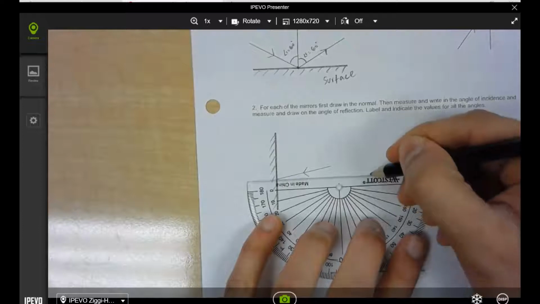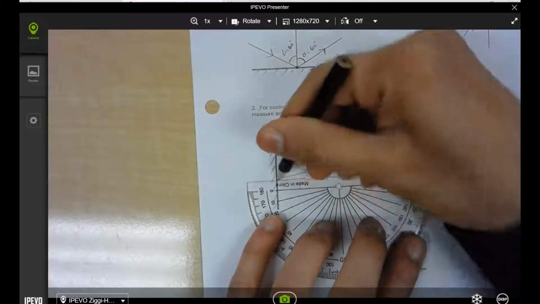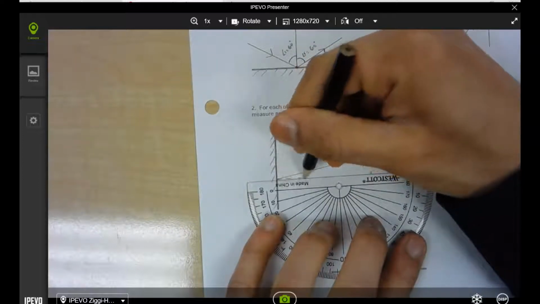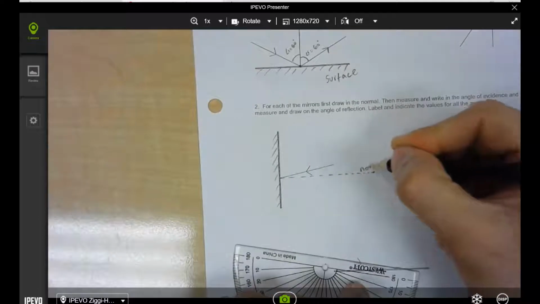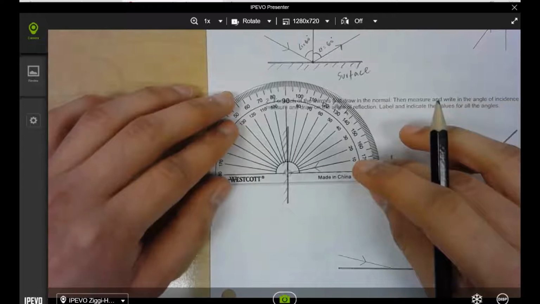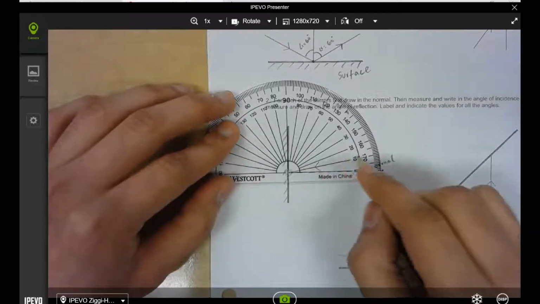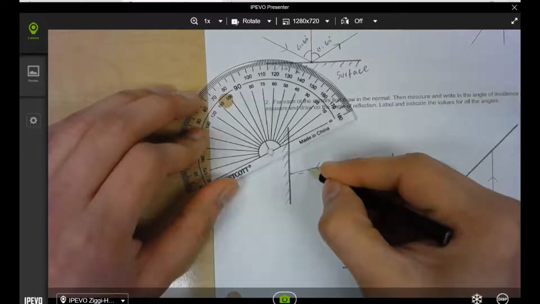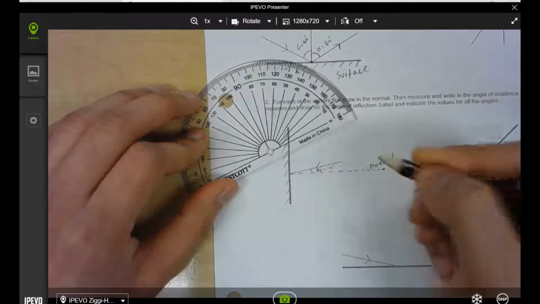So I always need a normal in order to measure my angles of incidence and reflection. So we're going to connect those two, and we're going to call this normal. Then again, I'm going to put my protractor along the normal, and I see that my incident ray is at 10 degrees. So I'm going to mark an angle I equals 10 degrees.